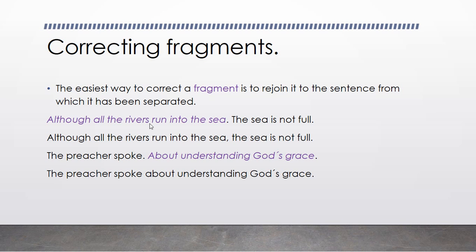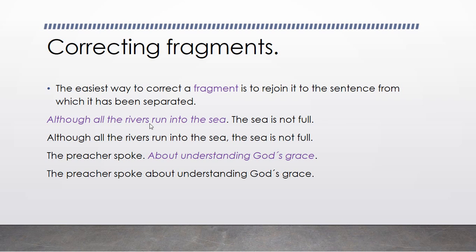So, if we have a fragment, we're going to rejoin that fragment to the sentence from which it was separated. We have here some fragments, and the fragments are in purple color. So, although all the rivers run into the sea, why is it a fragment?